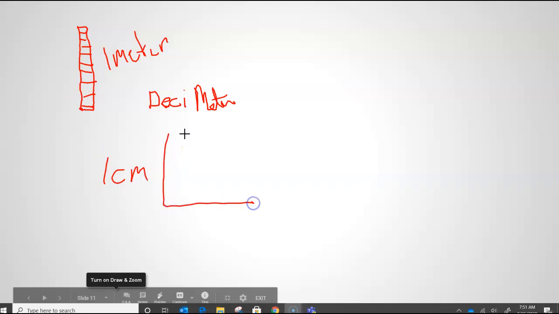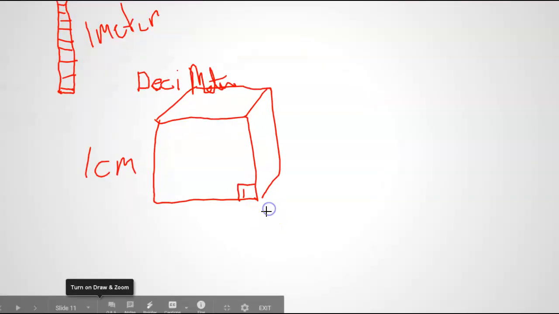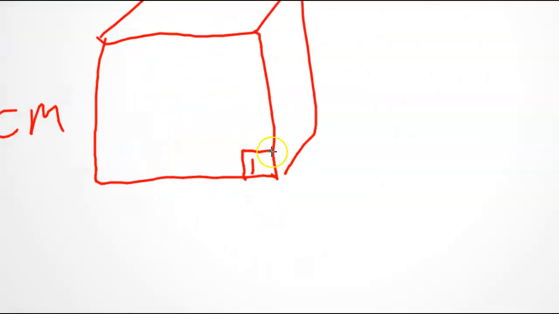So if I take a cube, that is 1 centimeter by 1 centimeter by 1 centimeter. This is 1 centimeter cubed, or 1 milliliter.